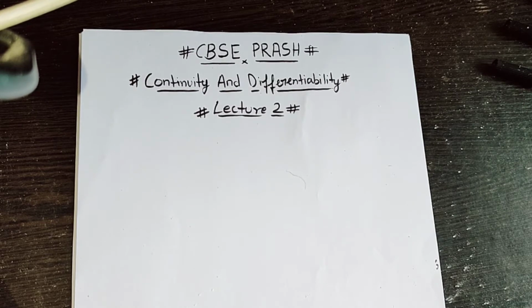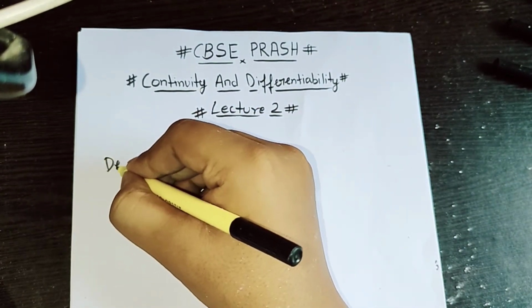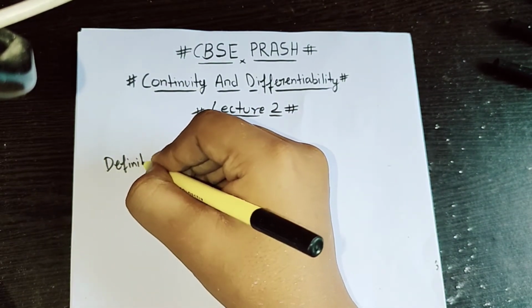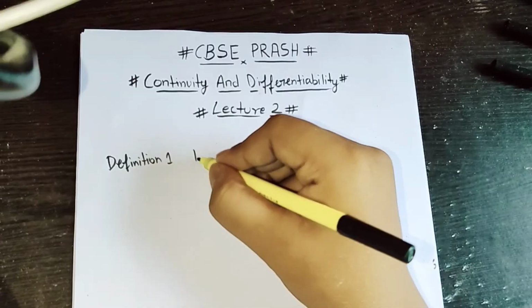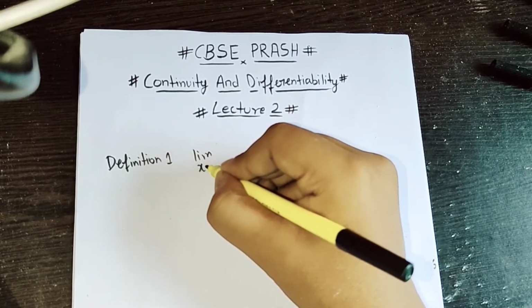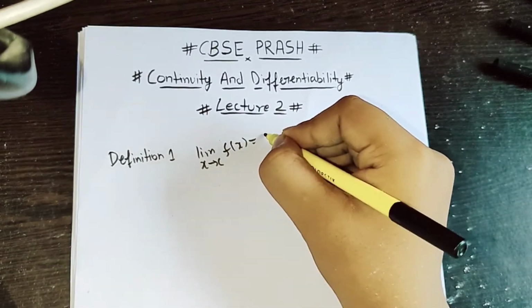Some definitions were given, like definition 1, which was: suppose f is a real function on a subset of the real numbers, and let c be a point in the domain of f. Then f is continuous at c means, according to definition 1, that limit x tends to c of f(x) is equal to f(c).